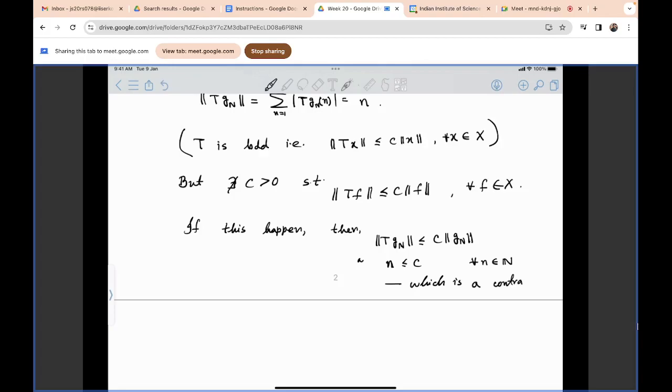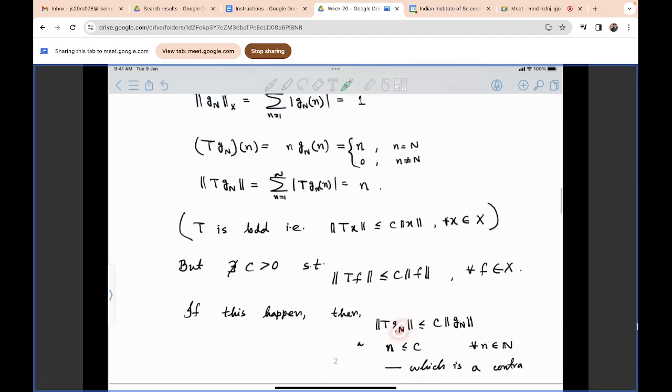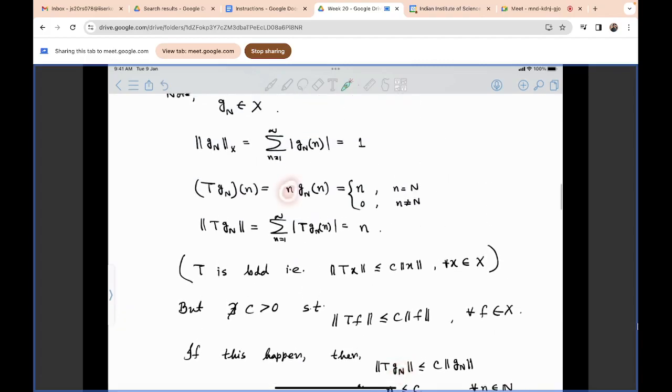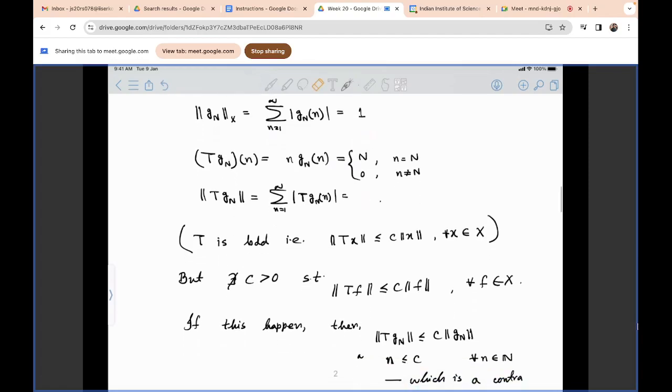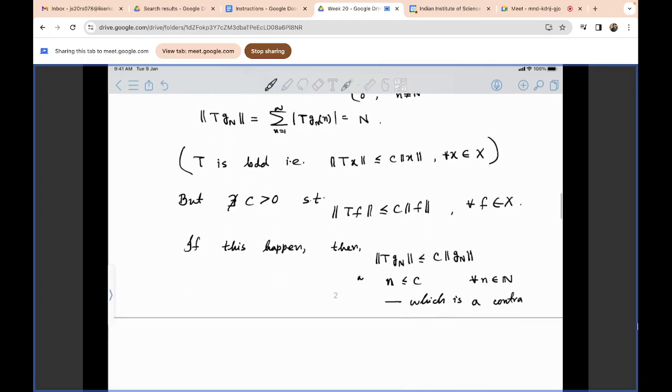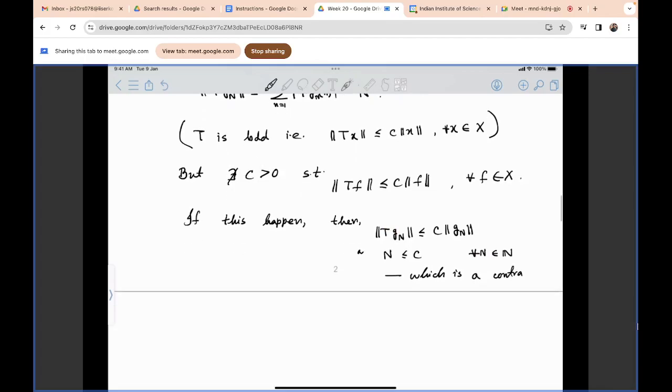So if you take this capital N to be large, then it will be non-zero only at that point, so there it will take the value n. So basically it will be this capital N. So at the point n equals capital N, we can write capital N. Which is a contradiction.